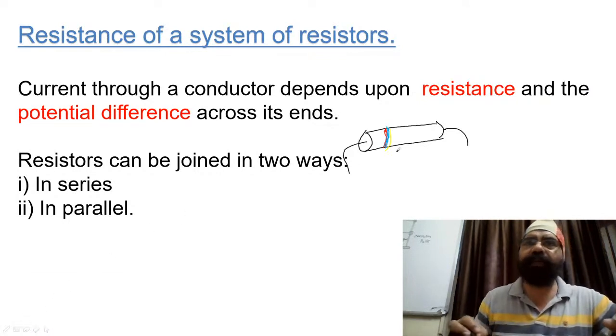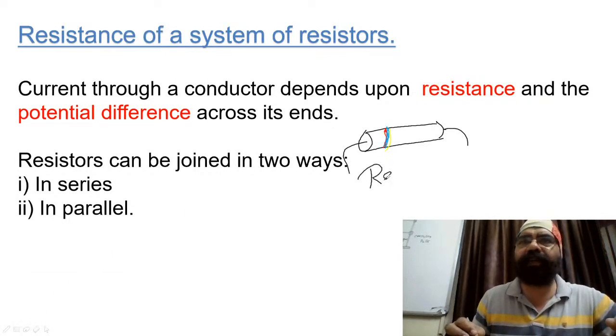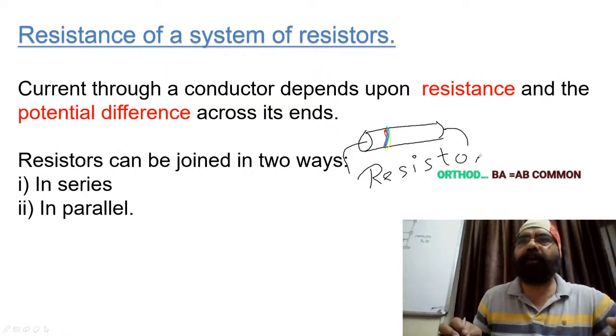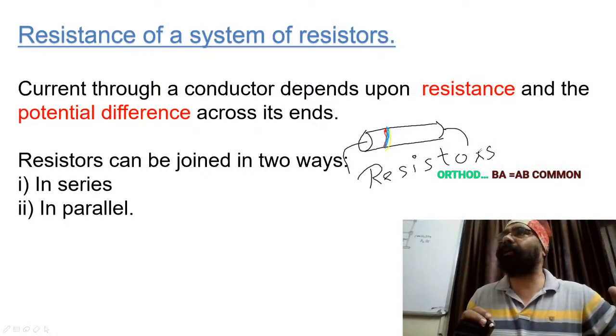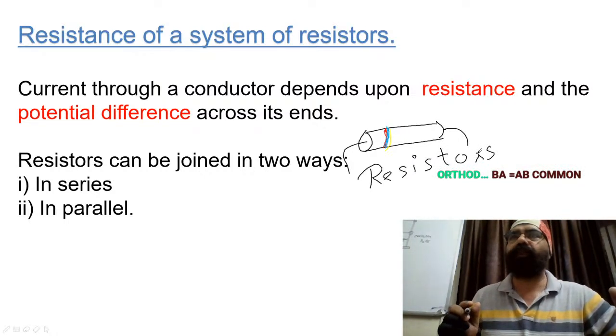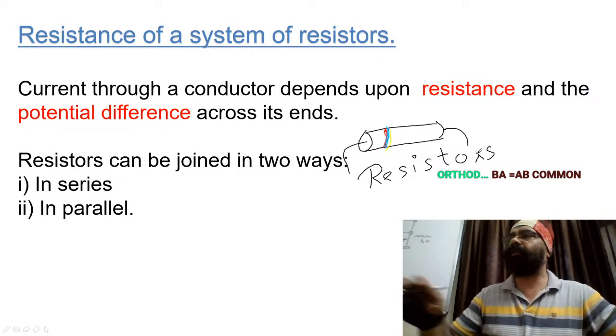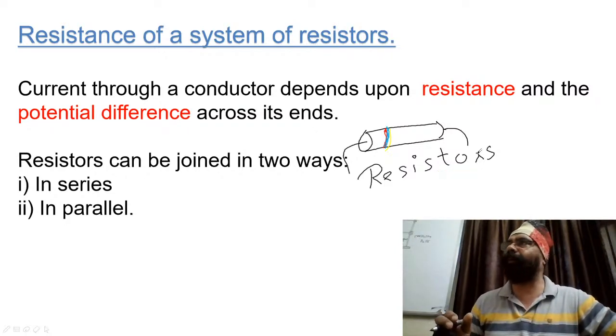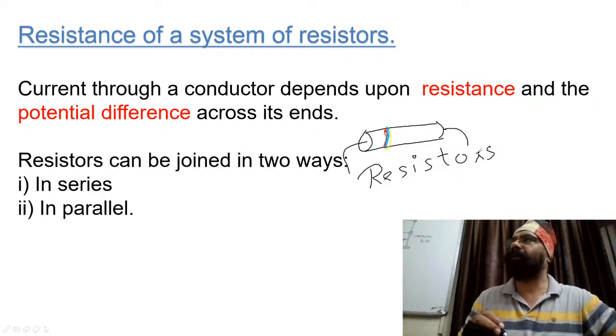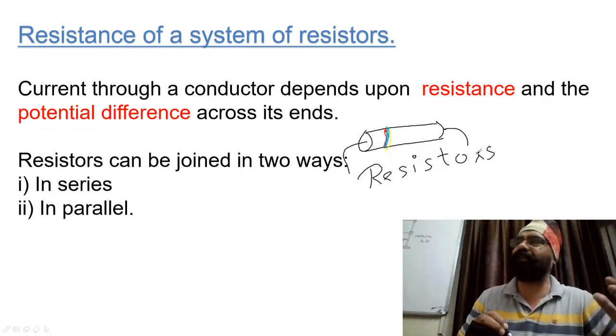Now what is the need of putting these resistors? You know that my supply to the device is fixed. I have a 220 volt supply to my house, which means the same supply goes to each and every equipment of the motherboard of the computer. But some need greater current and some need lesser current.